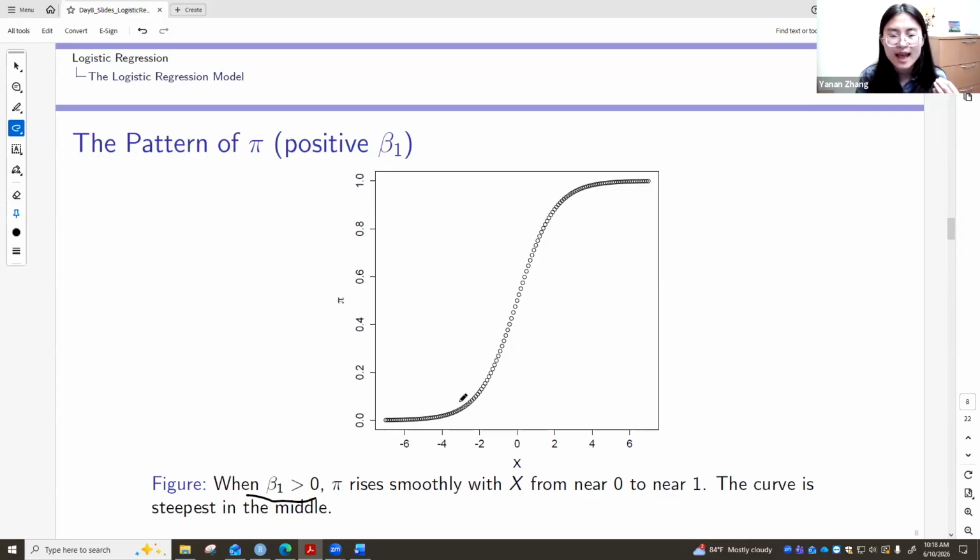So here we have an S-shaped curve. Actually, if you think of it biologically, it makes sense, right? At a lower level of air pollution, maybe the probability didn't change too much.